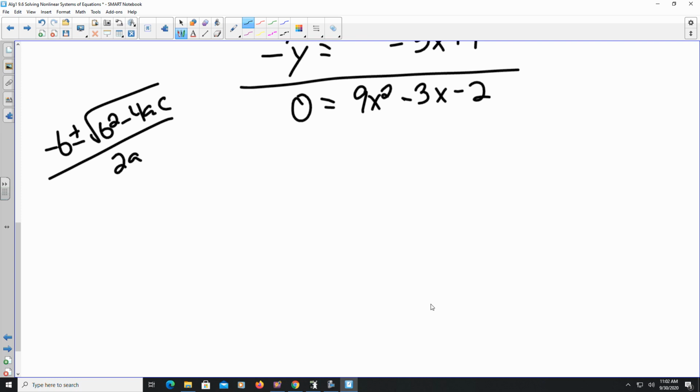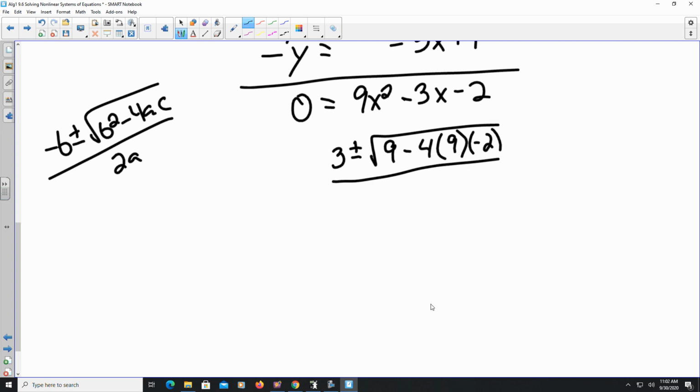If they're not asking us to factor it out completely, but I'm looking for the values for x, let's do it that way. So opposite of b is 3 plus or minus the square root of negative 3 squared, which is 9, minus 4 times a, which is 9, and c, which is negative 2, sorry. And it's all divided by 2a, which is 2 times 9, which is 18.